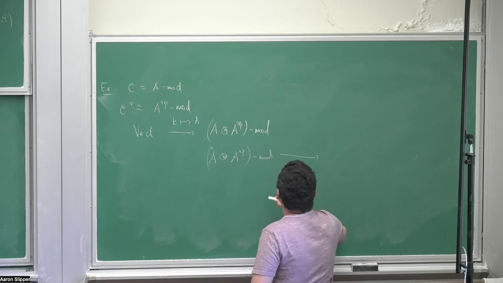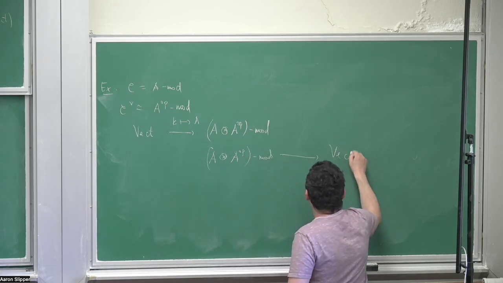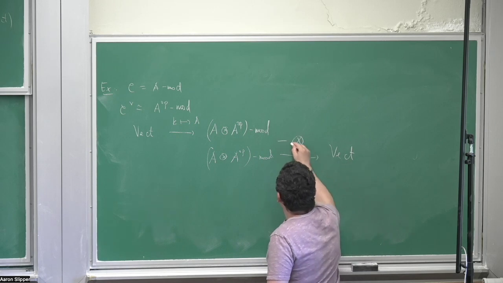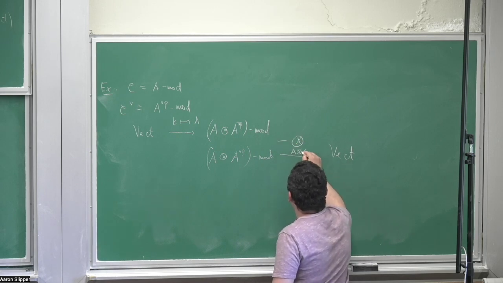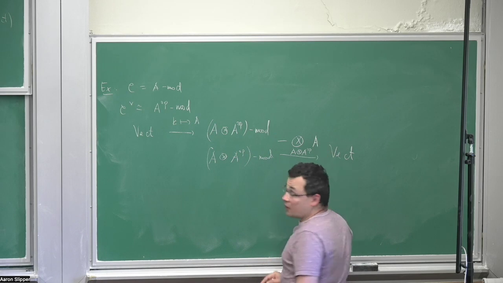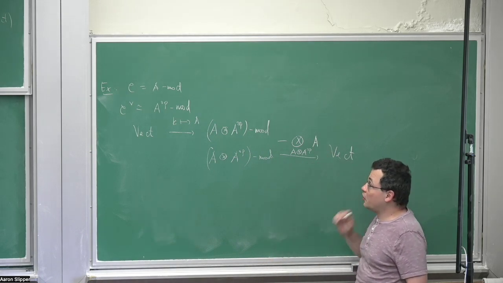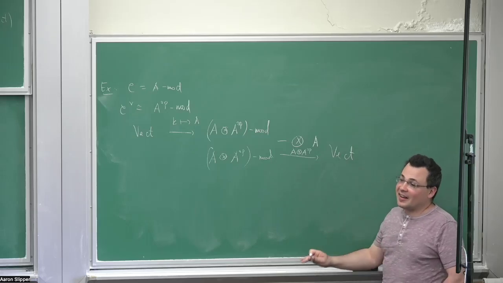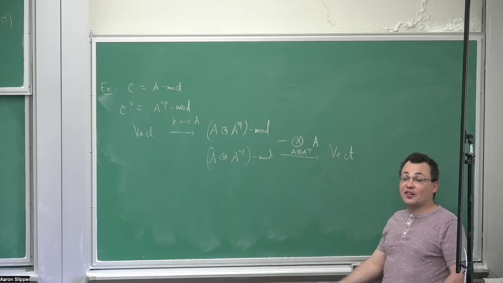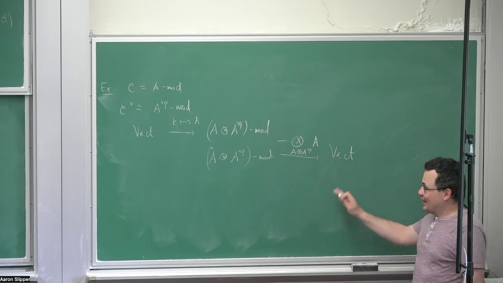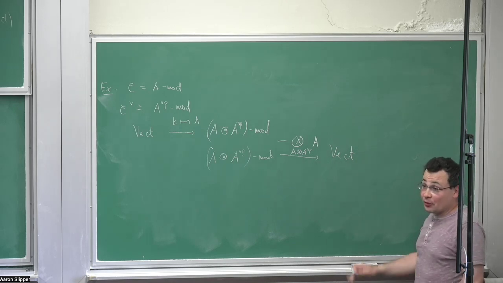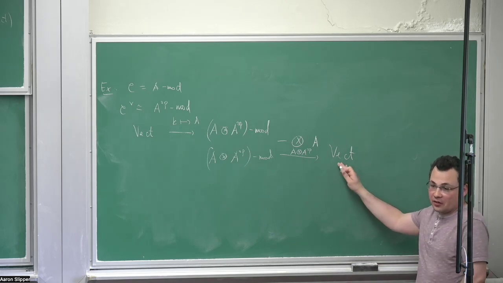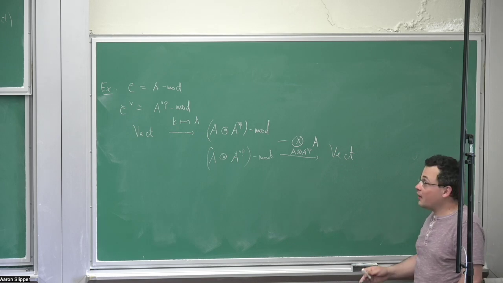And the evaluation map is the map given by tensoring with that same bimodule. So this is the claim. It's easy to check. I guess I didn't write down what the conditions are. But if I did, then it would also be easy to see that this exactly defines the duality data.